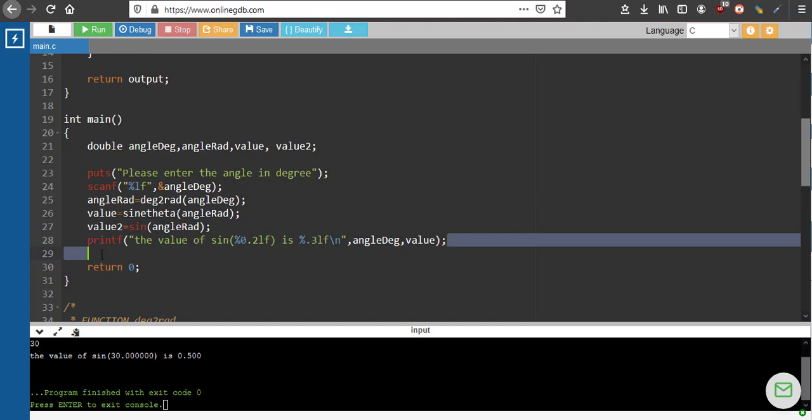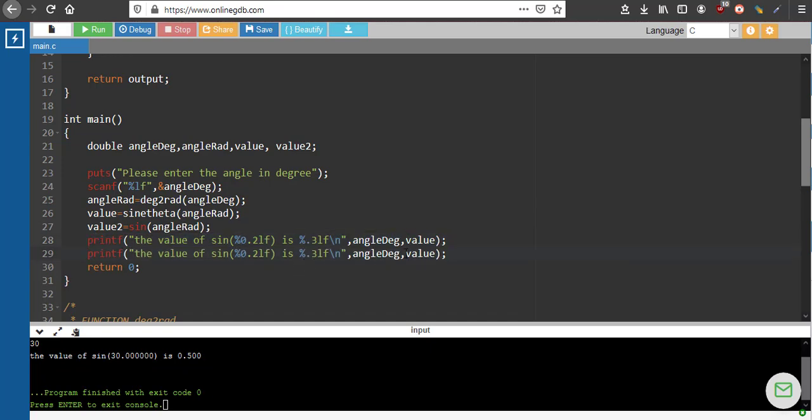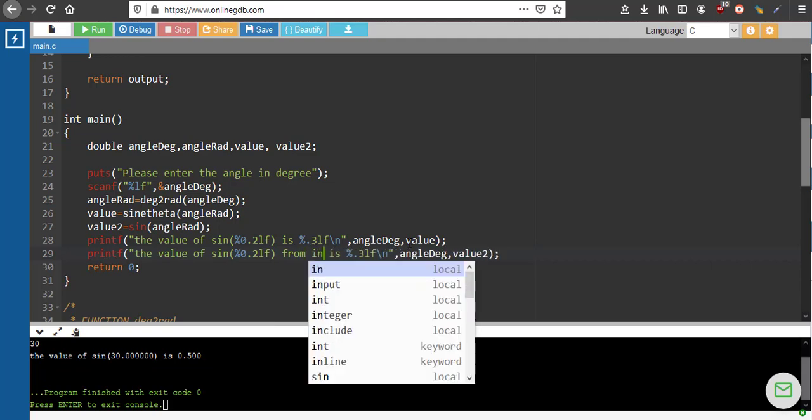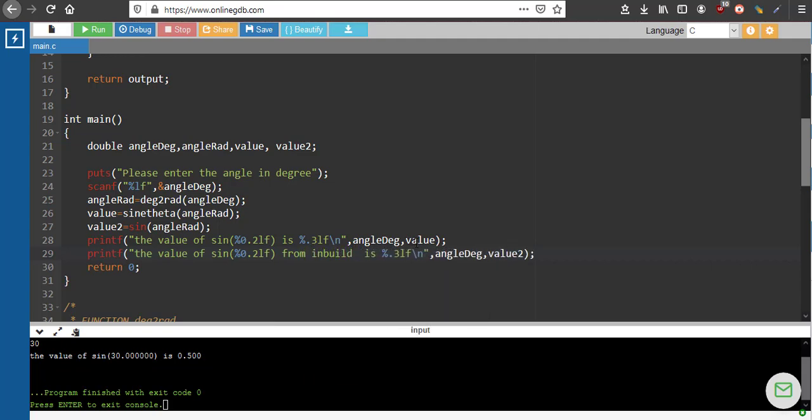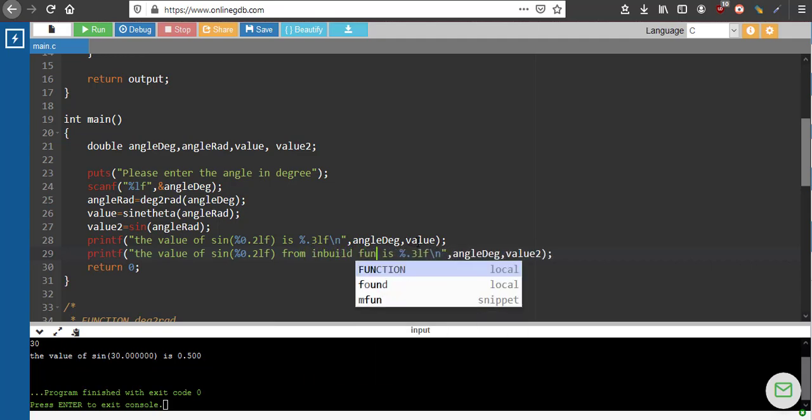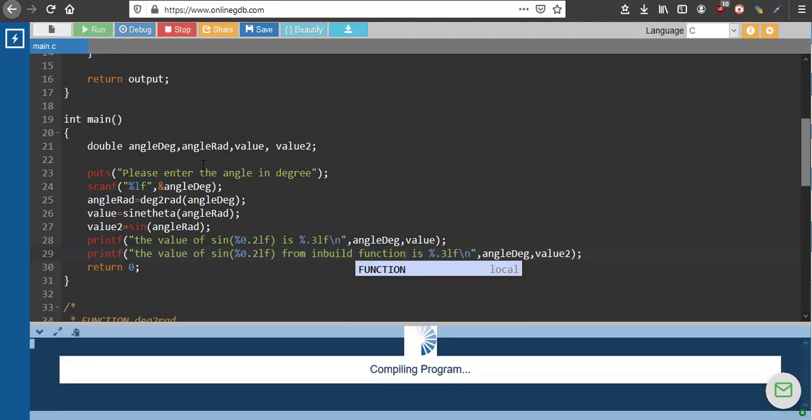Now we will check this output also. This will be value2. So value of sine from inbuilt function.